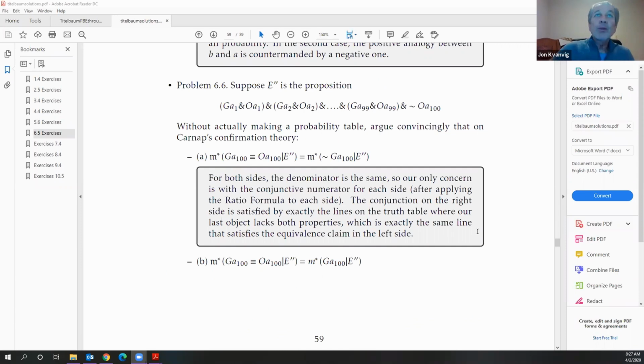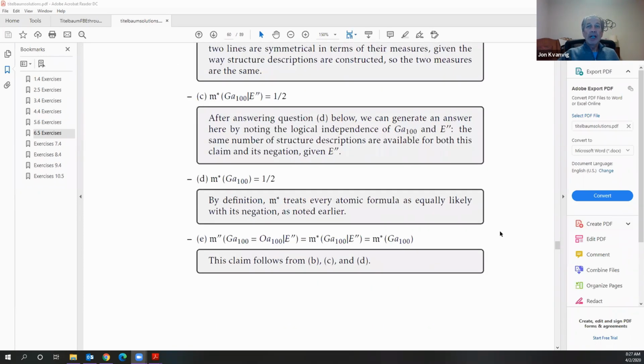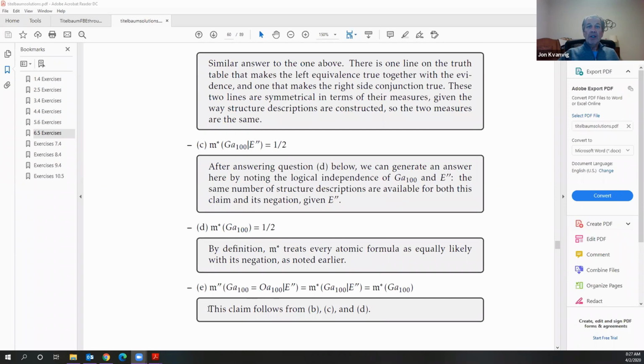So for 6.6, we're supposed to argue without constructing a probability table for, let's see, 1, 2, 3, 4, 5 different claims. The last claim, let's start at the back and work backwards. The last claim follows from B, C, and D. So the important thing is to be able to prove B, C, and D. And B will require paying attention to how we prove A. But let's start going backwards.